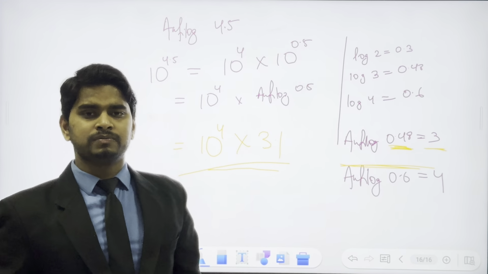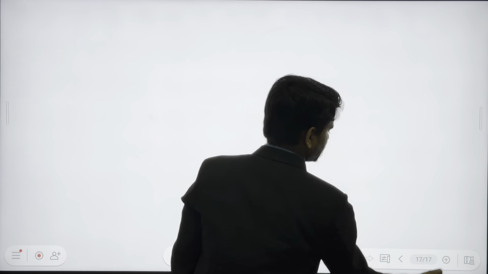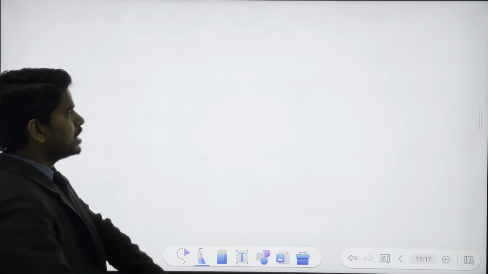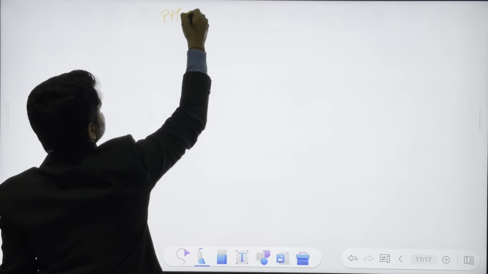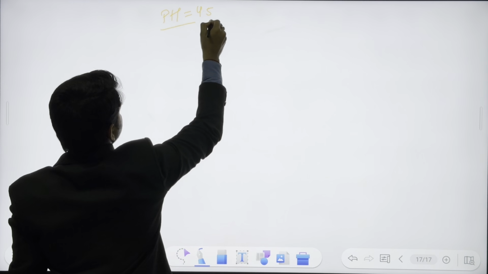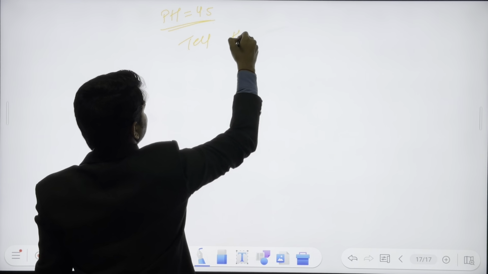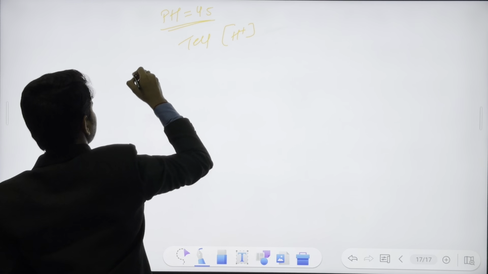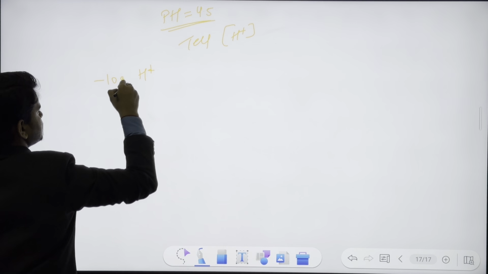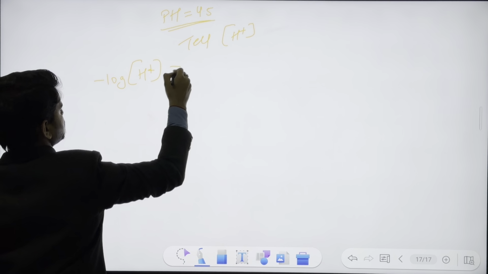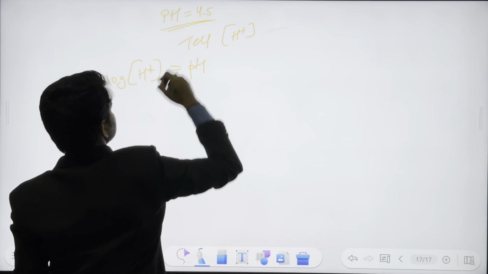Let's understand now the anti-log of negative values, because that's where the questions will be asked from. It will be like pH has been given as 4.5. Tell the H plus concentration. We know that minus log H plus concentration is your pH, and pH has been given as 4.5.